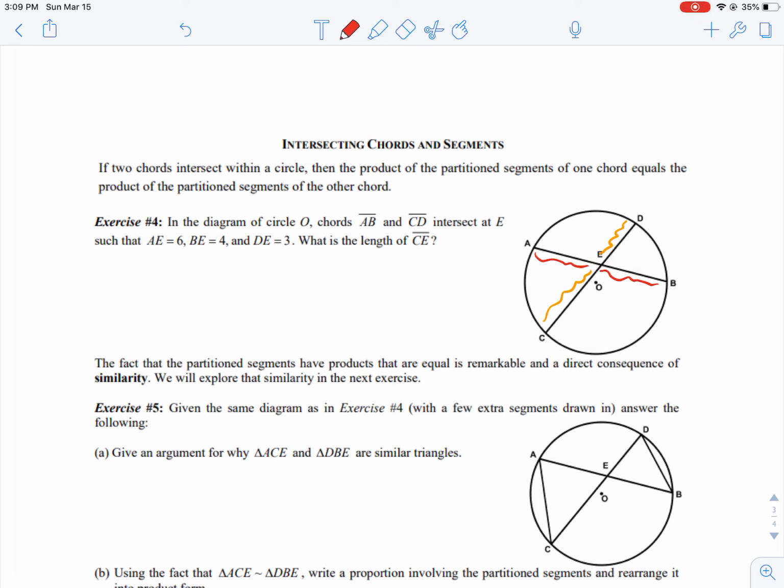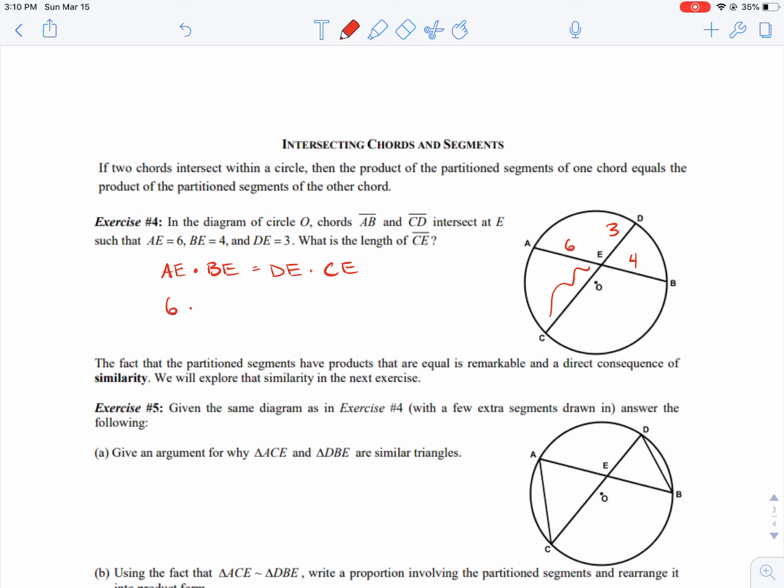Okay, so anyway, here's what you need to know. So AE is 6, BE is 4, DE is 3. What is the length of this one right here? Okay, so what it's saying is AE times BE is equal to DE times CE, whatever those lengths are.